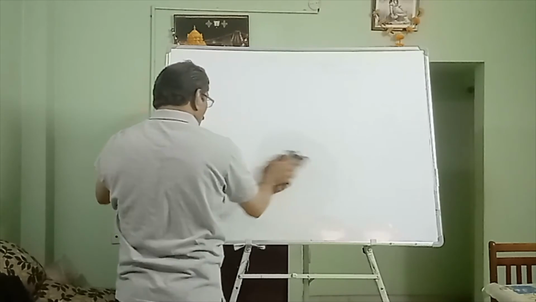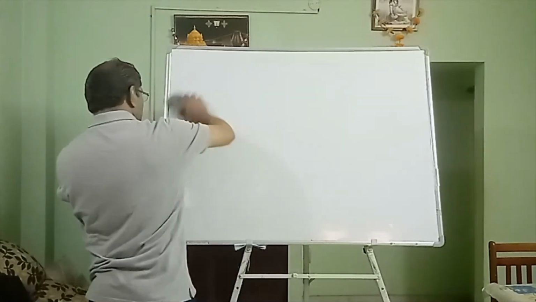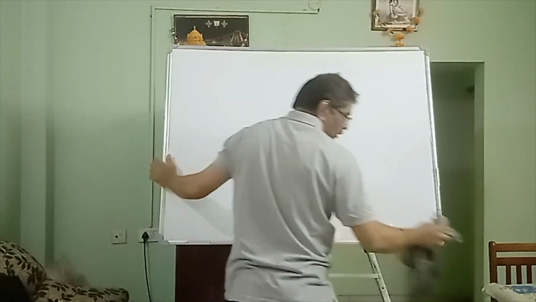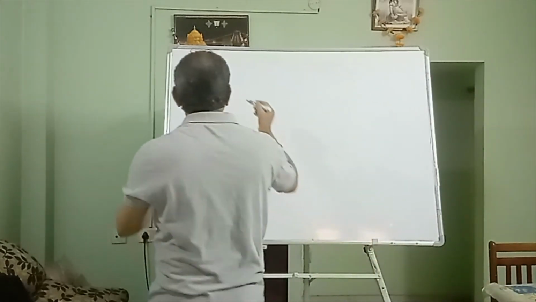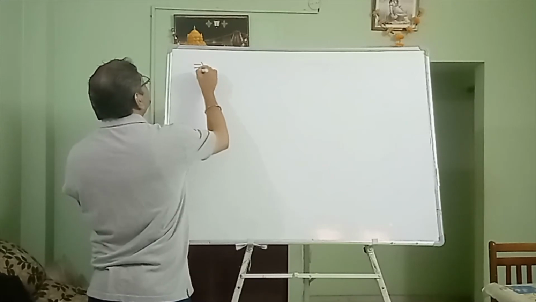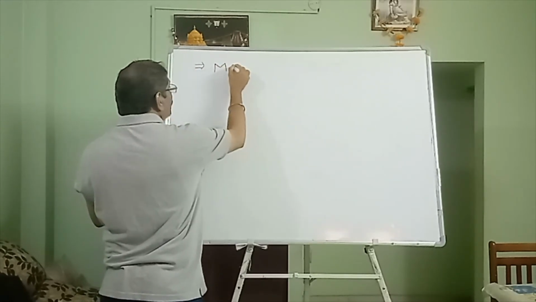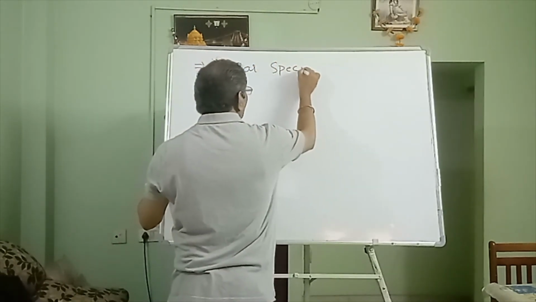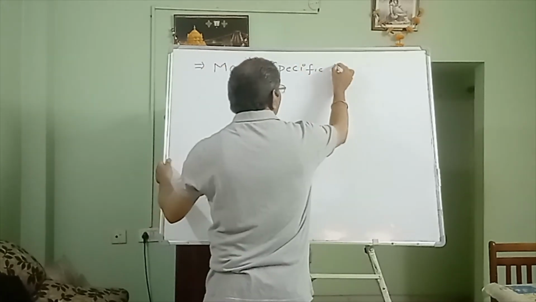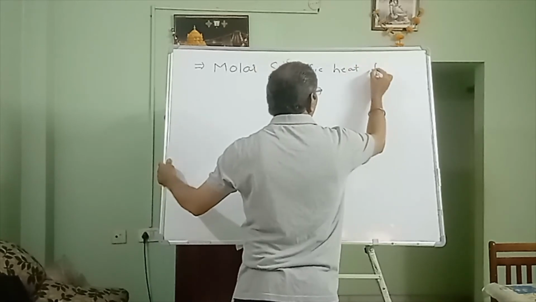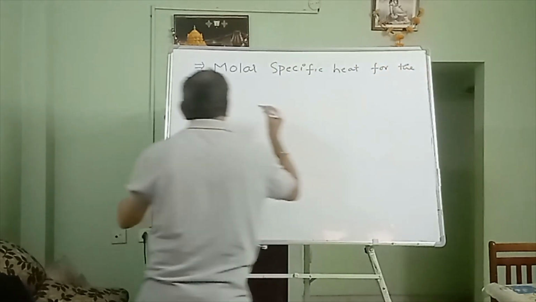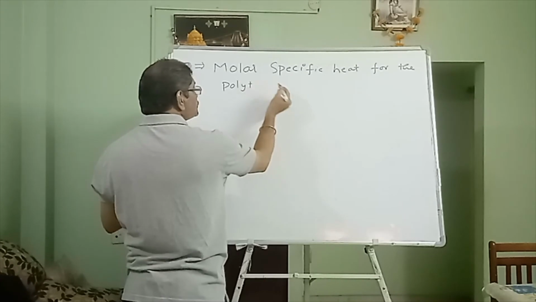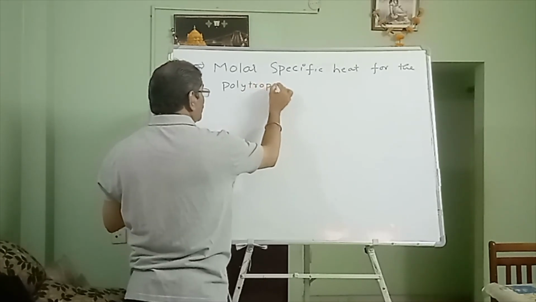One more very important concept we got will be generally called the molar specific heat, the molar specific heat for the polytropic process. Let us see what the molar specific heat for the polytropic process will be.